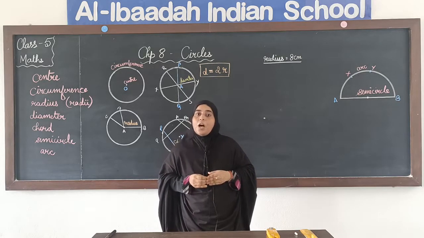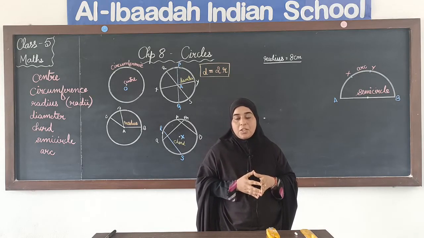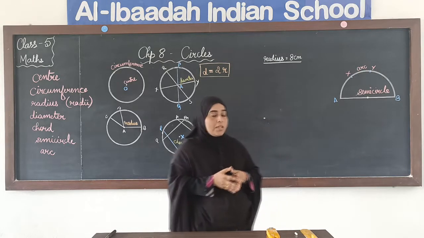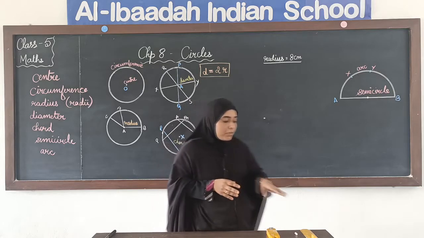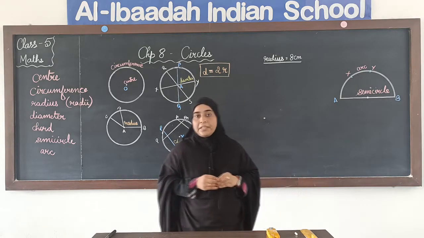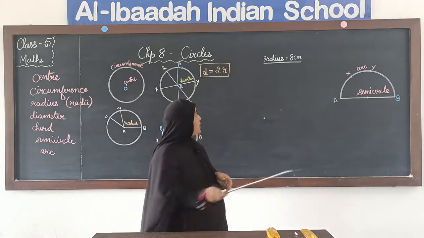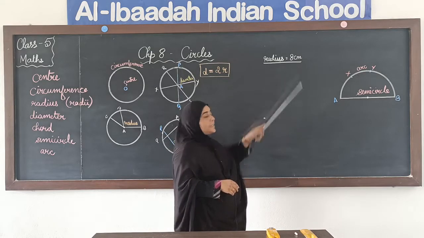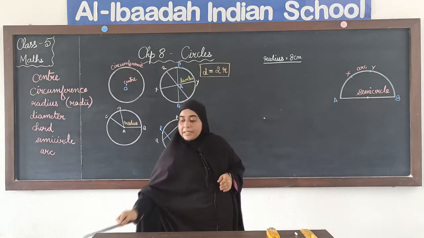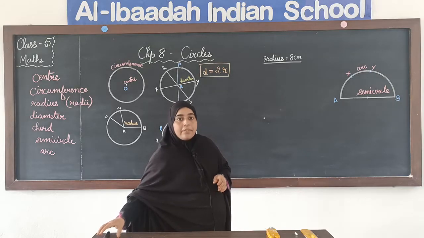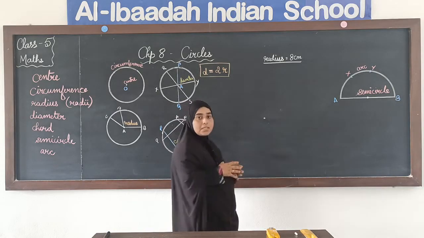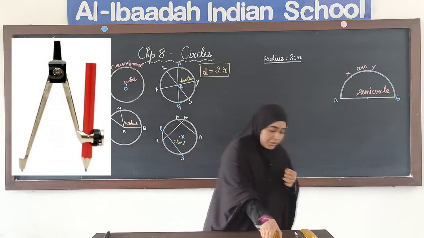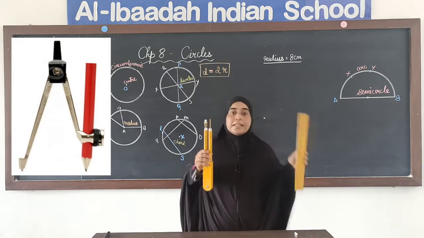Next we are going to see how we construct a circle, or how we draw a circle. For that we need to know the length of the radius. I have taken the radius as 8 centimeters. So keeping the radius 8 centimeters, I will draw a circle here. For that I will use a compass and scale.